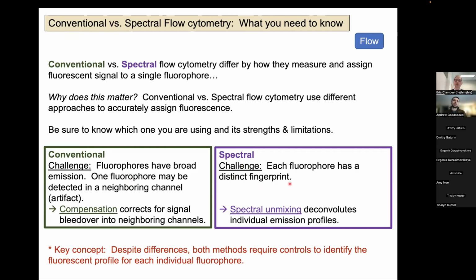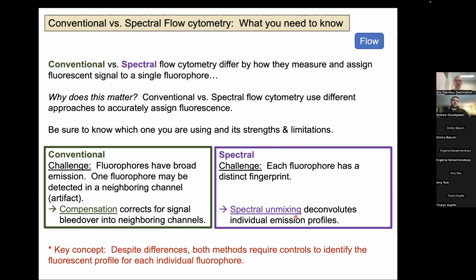Now, with spectral flow cytometry, the challenge is that each fluorophore has a distinct fingerprint, and you have to have all those distinct fingerprints because the algorithm that's used is called spectral unmixing, which deconvolutes the individual emission profiles. But obviously, if you don't have each spectral fingerprint for each fluorophore, the software is not going to be able to unmix and accurately assign the fluorophore of interest.